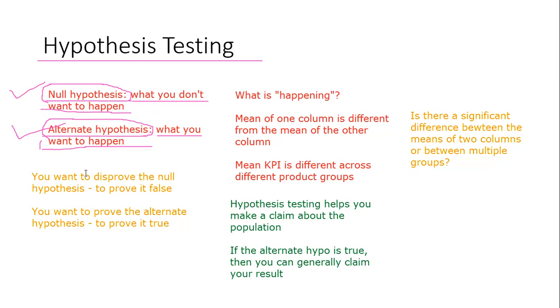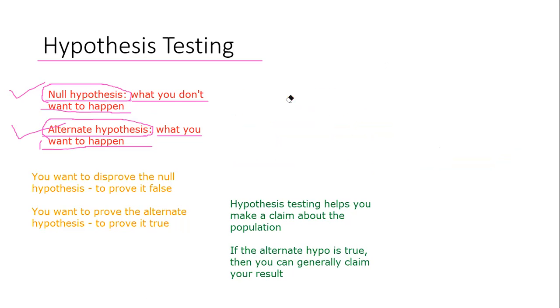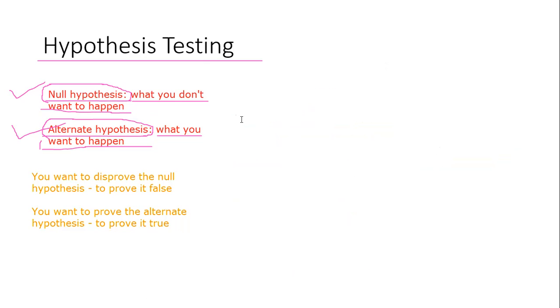Okay, so now the other question is, the point is ke, how do I ensure, how do I determine that the alternate has won or lost, or the null has lost or won, whatever.